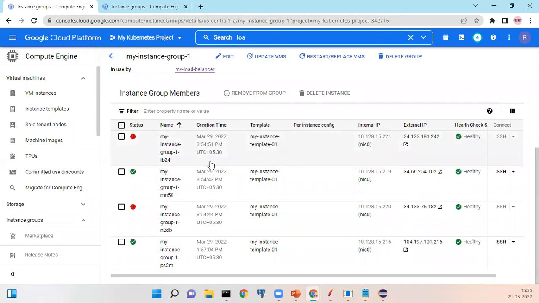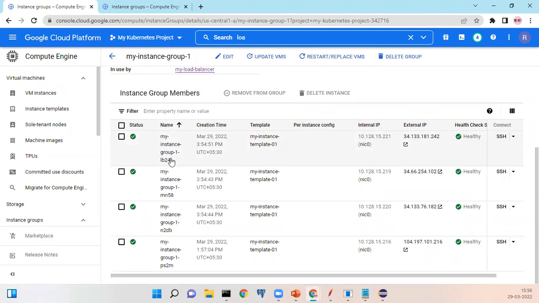Now what happens, whichever load that comes to the load balancer, it will redirect to the other instances which it has created. Okay, so with this it is able to manage a high CPU spike in one of the instances in the system.